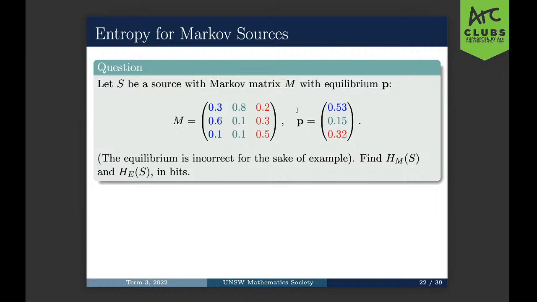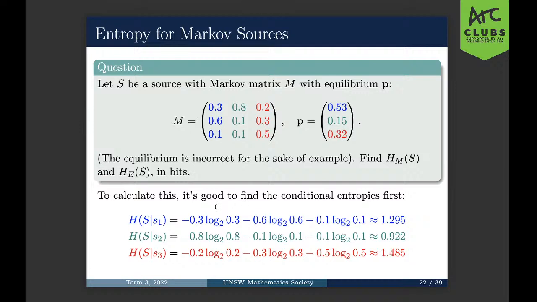It has a transition matrix M and probability equilibrium P. I did say this had to be the eigenvector of M corresponding to eigenvalue 1, but it might be incorrect here just because I couldn't be bothered making a correct example, but this example still works. So we want to find H_M(S), the Markov entropy, as well as the equilibrium entropy in bits. So what does this mean? This is just radix 2.